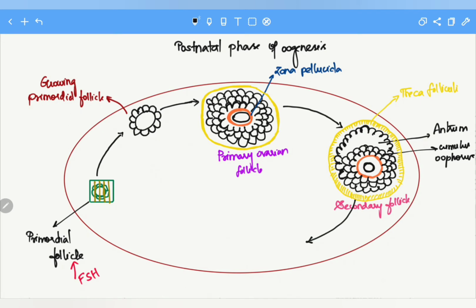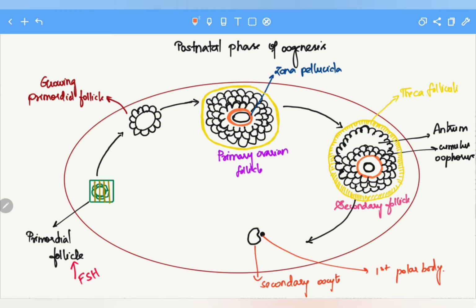What happens? The primary oocyte of the developing secondary follicle resumes its first meiotic division and produces a secondary oocyte and a first polar body.